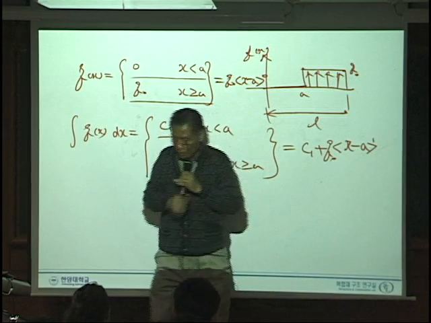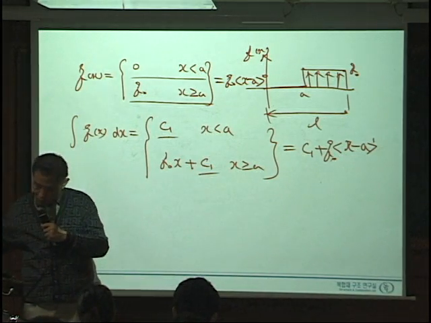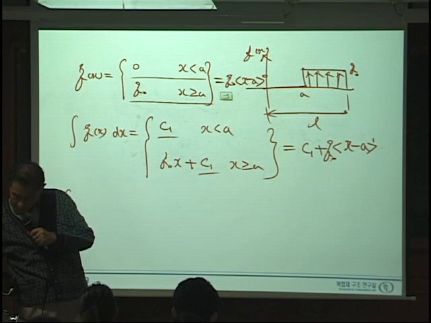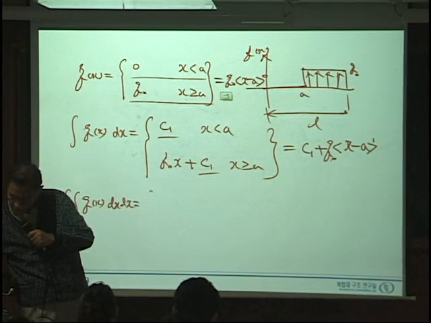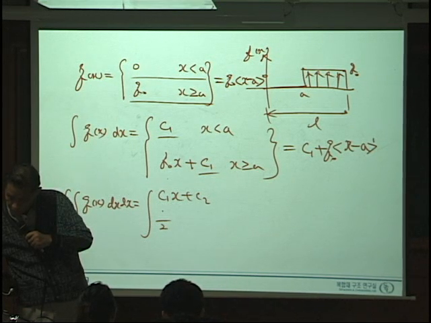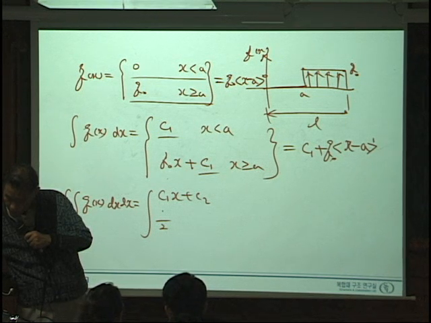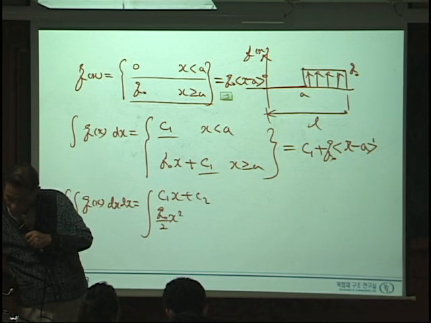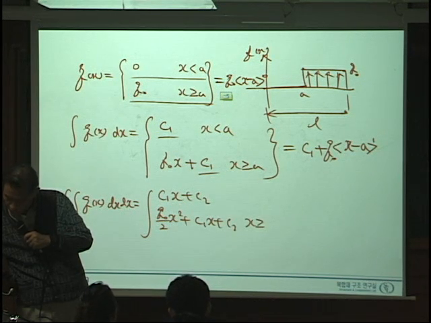So, in other words, let's integrate one more time, q(x) dx. And this will be C1 x plus C2, and Q0 over 2 times x squared plus C1 x plus C2 for x greater than a, right?